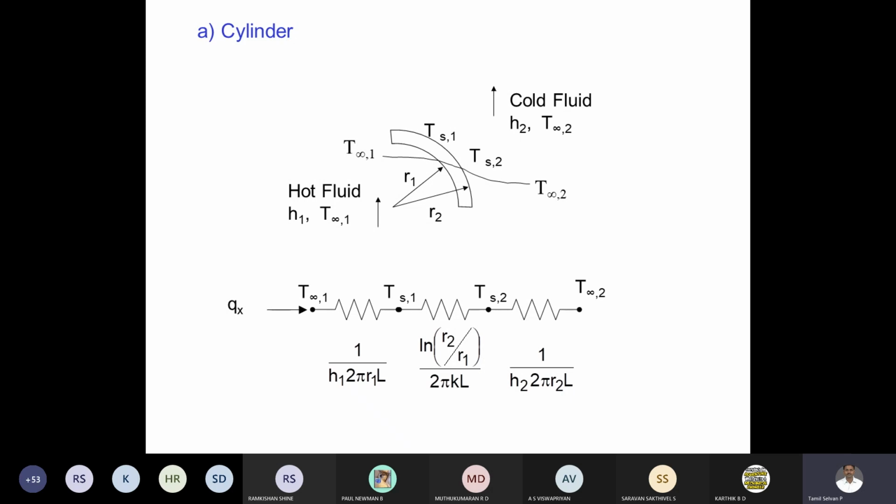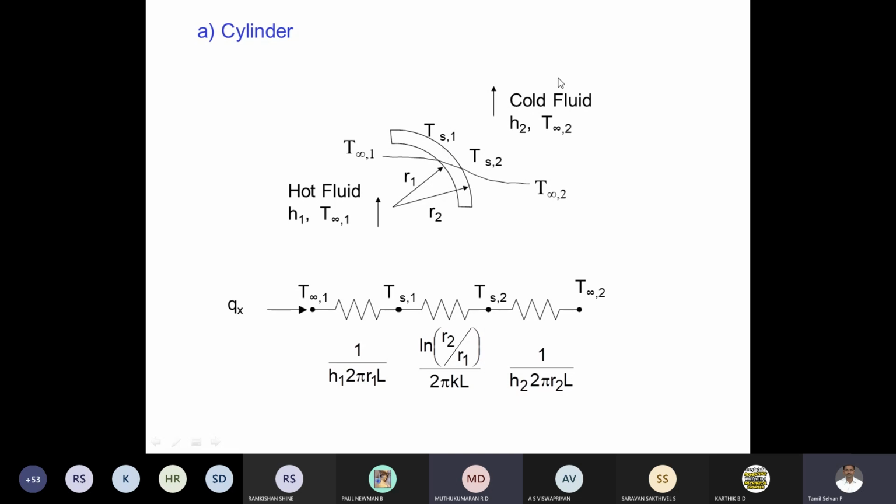So it's very important that you know the convective heat transfer coefficient properties and thermal conductivity properties of all these materials. Here we have a hot fluid inside a pipe, the pipe material, and a cold fluid outside.